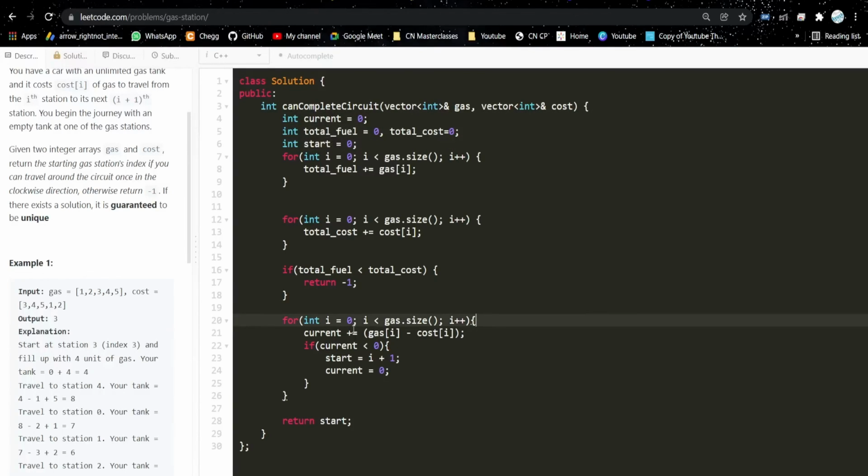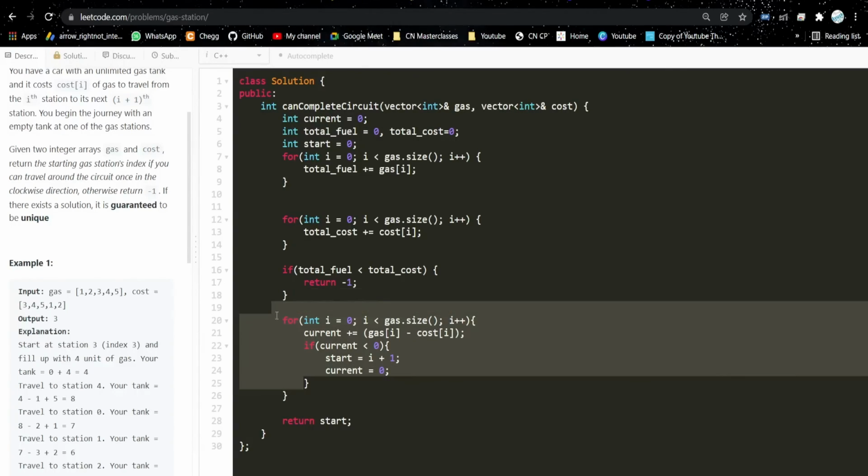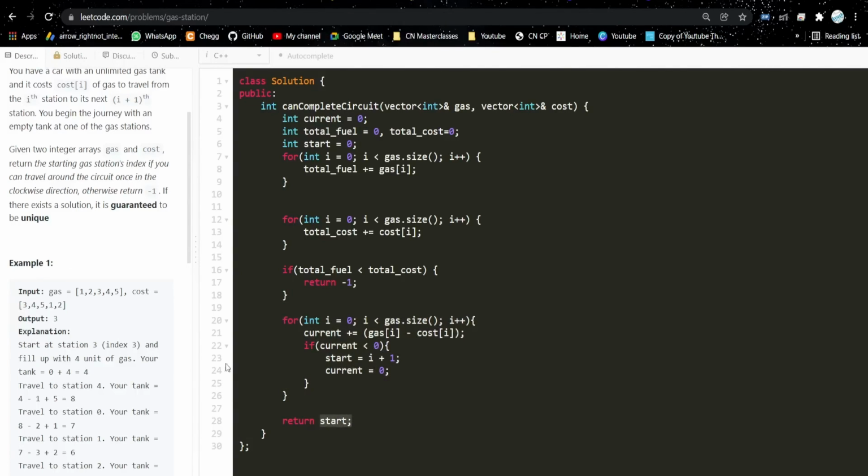So every time we are adding gas I minus cost I to our current fuel. If current fuel becomes negative, don't start from that station, start from the next station, because you cannot start from there. Otherwise, if you are starting again, the current fuel at the start will be 0, so set it to 0. And at last, your start will have the start index.